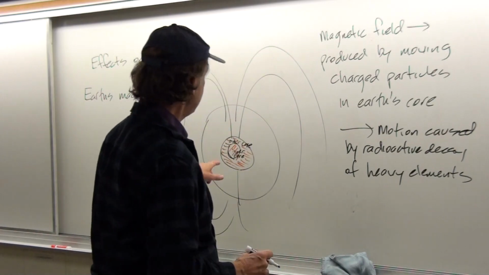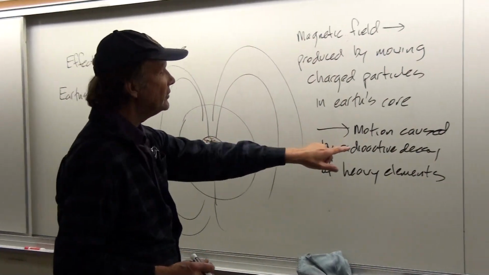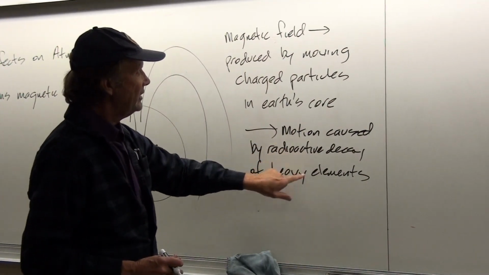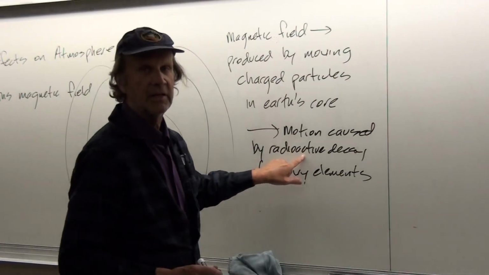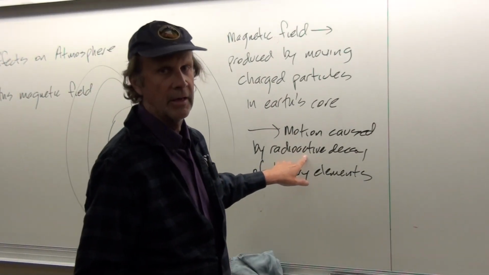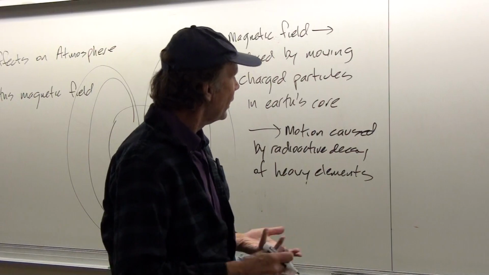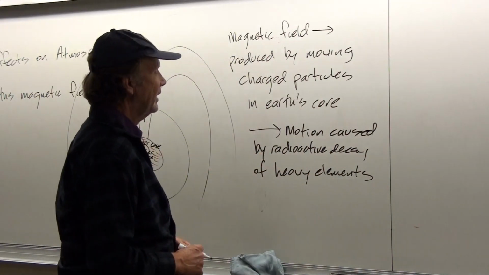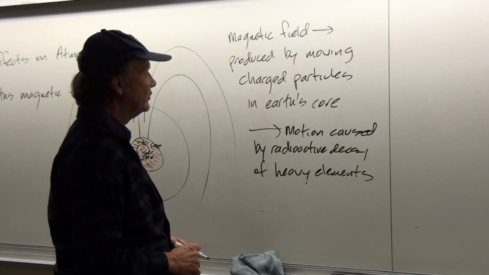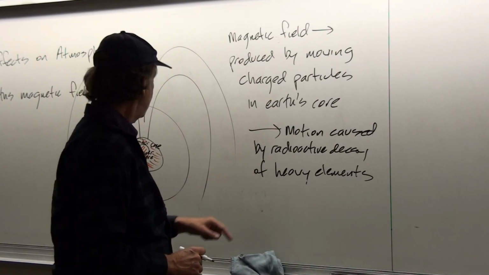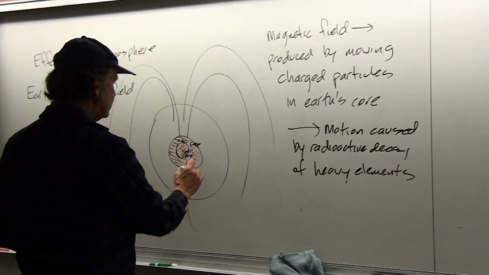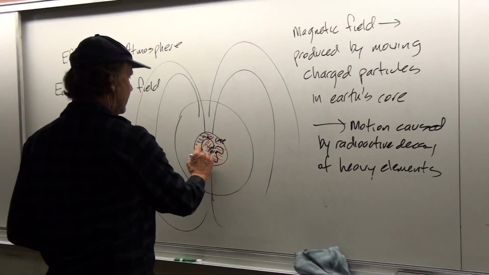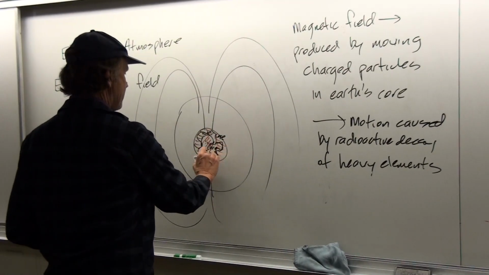So our source of heat in the interior here is also heavy elements that are tending to decay by breaking apart into smaller elements. And so in the process of doing that, they release energy. And that energy drives these currents in the Earth's outer core.